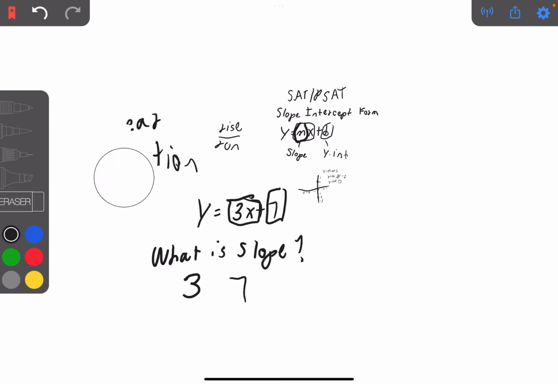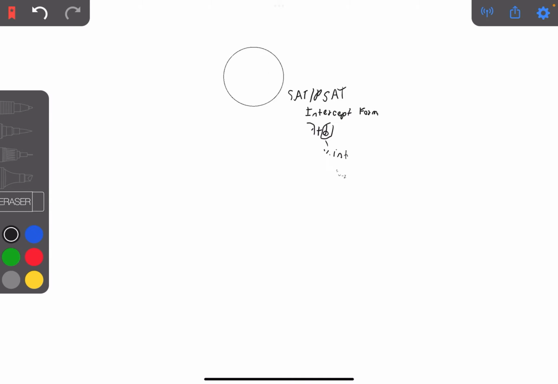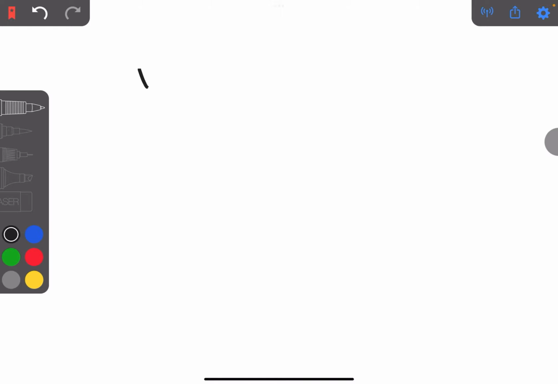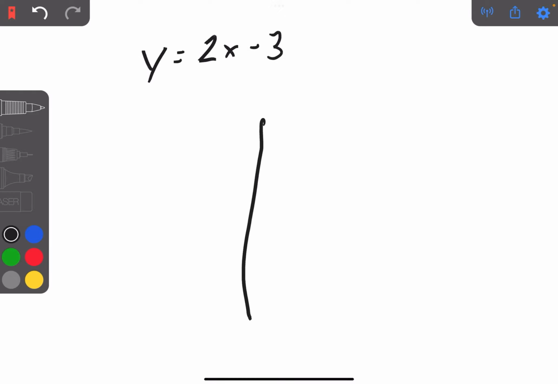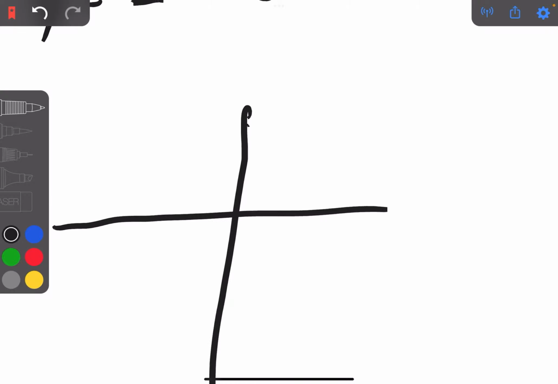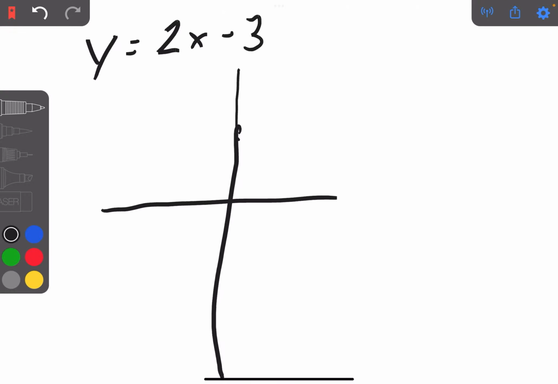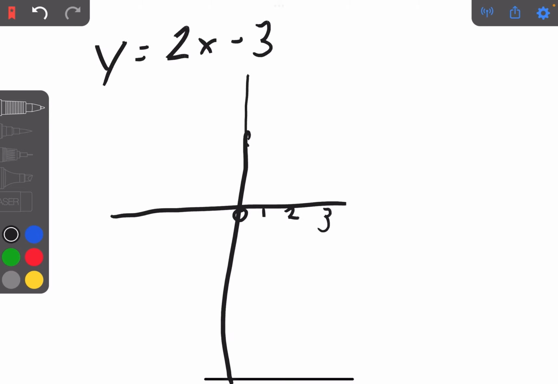So now let's try to graph an equation. And I'll explain rise over run. So we've got y equals 2x minus 3. So let's draw our graph. Let's zoom in. Here we've got 0, 1, 2, 3, -1, -2, -3.